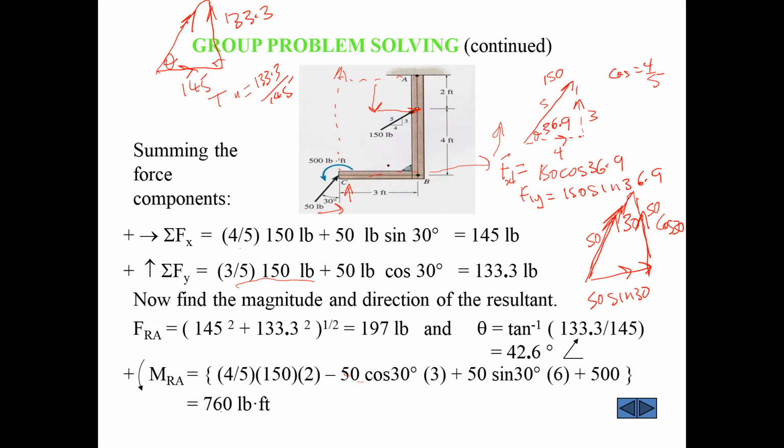So it's going to be some line onto here, and its distance from here down to here is going to be 5 point something. If you divide this by 133, you get 5.7. So it's somewhere down here from here.